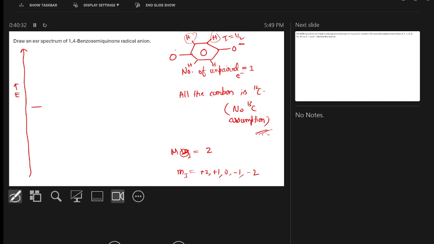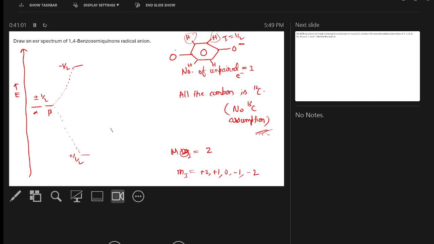There are two levels here. This is alpha, this is beta. I will write plus minus half. In the absence of any magnetic field, these two will be degenerate, and after that it will split like this. So this is your plus 1 by 2, this is your minus 1 by 2.